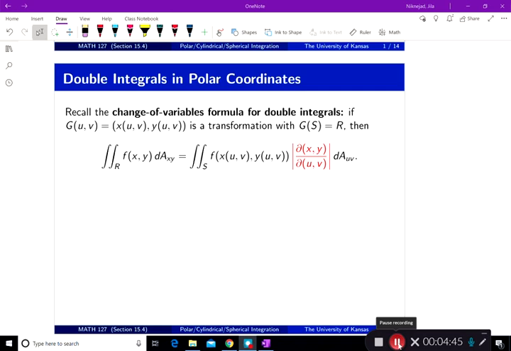If g is the transformation that takes u and v to x and y, where x and y are functions of u and v, and g of S is equal to R, then the double integral over region R of f of x and y times the area element with respect to x and y is equal to the double integral over S of f of x of u and v and y of u and v times the absolute value of the Jacobian, with respect to the area element du dv.